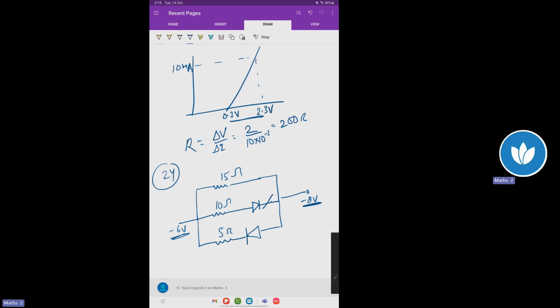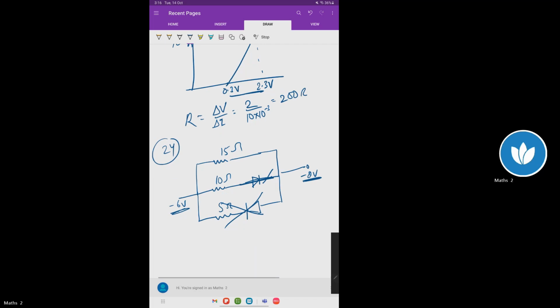So this diode is in forward bias and this is in reverse bias. So this will be in open circuit condition and this is short circuit. Net resistance is 10 and 15 in parallel. 10 into 15 divided by 10 plus 15, 150 by 25, 6 ohm.